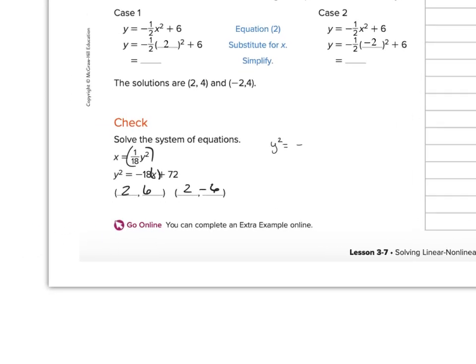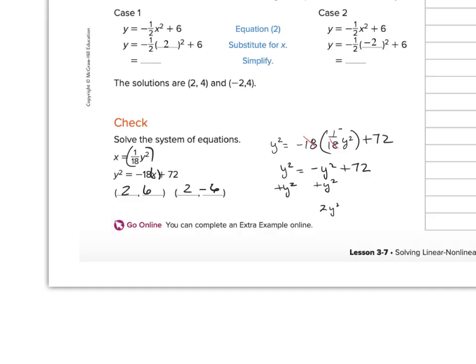Y squared is equal to negative 18 times y squared plus 72. This simplifies, so we have y squared is equal to minus y squared plus 72. Add y squared to both sides.